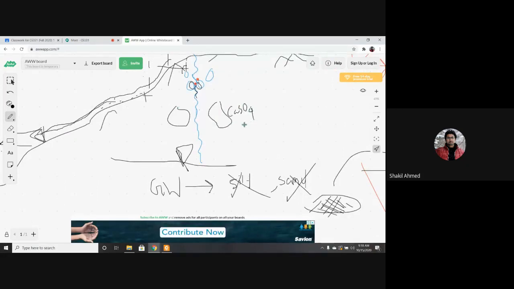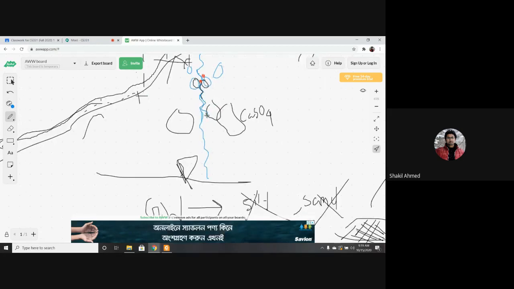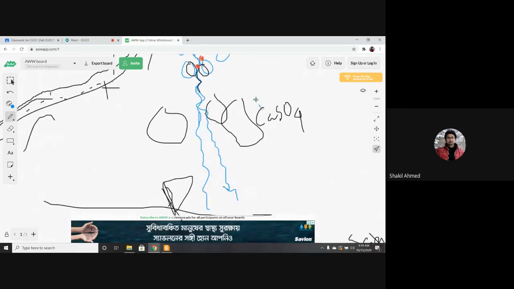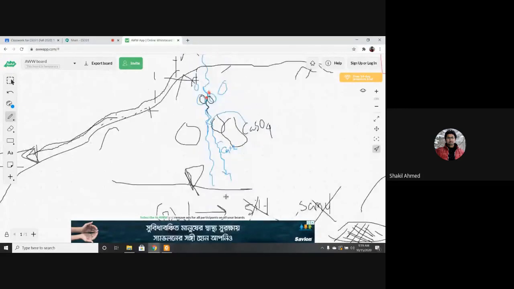Now, when this water percolates or infiltrates into the soil, the calcium sulfate comes in contact with the water, and calcium gets dissolved into the water and brings it here.